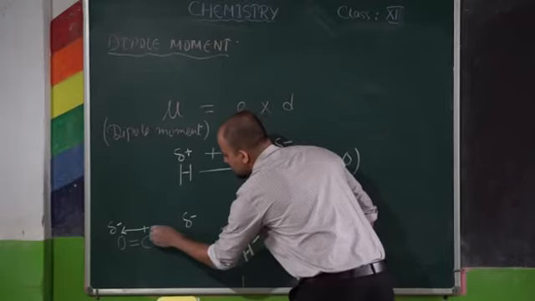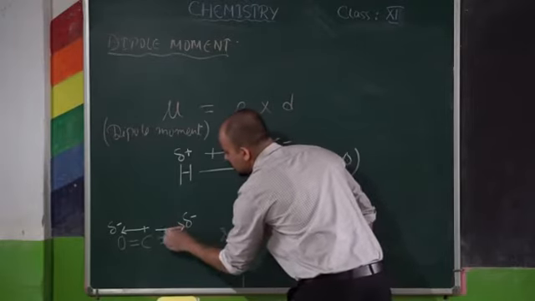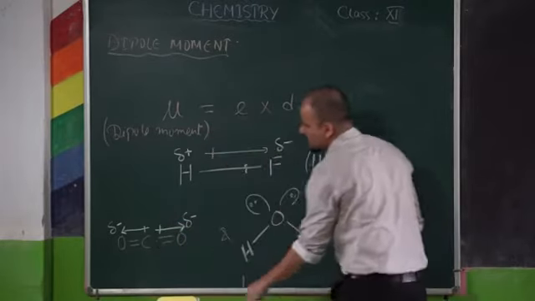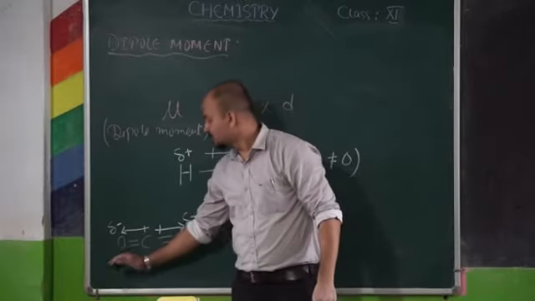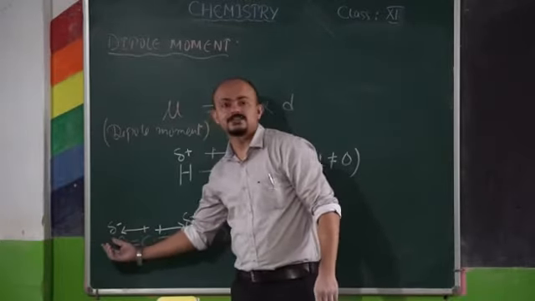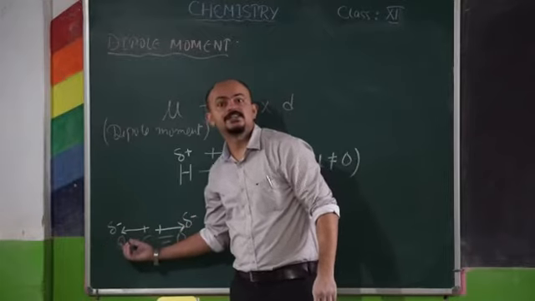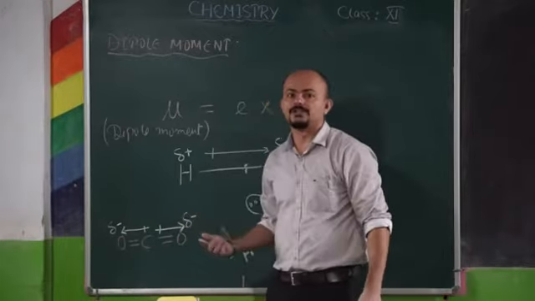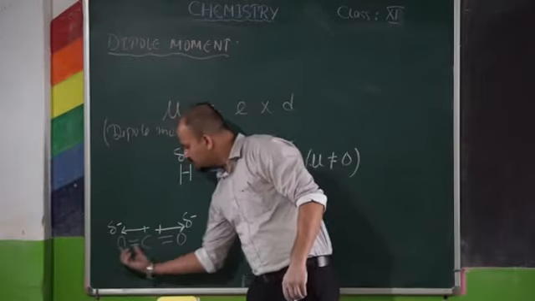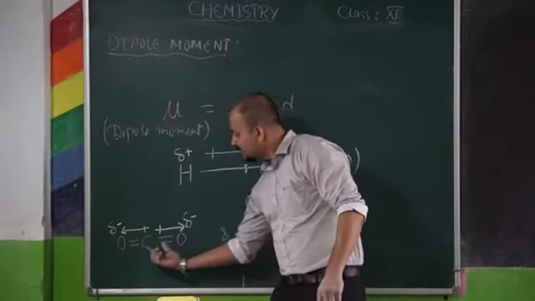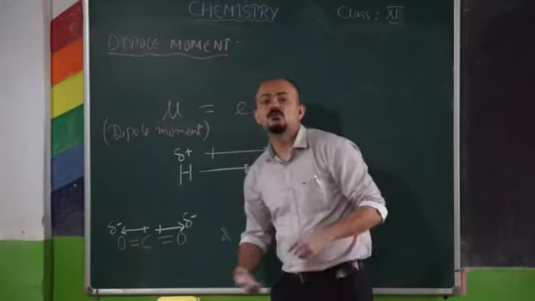And on this side, if you consider, it has a net dipole moment towards this oxygen side. Since they have dipole moments in opposite directions, this is the individual bond moment. It is in opposite direction, and you can see that it is exactly equal in magnitude.